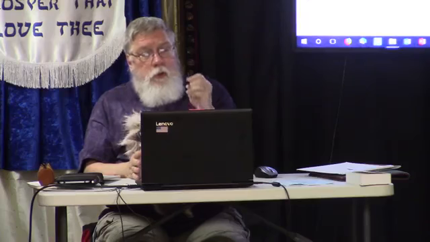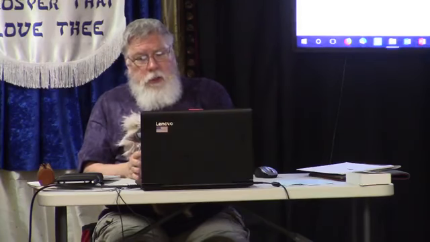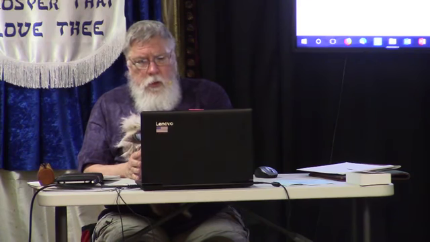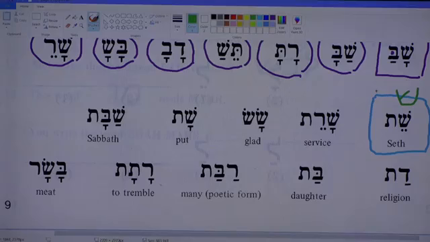So the name is written in the Torah scroll like that. Instead of with the dot here, there's no dot, so we don't know if it's a shin or a sin.